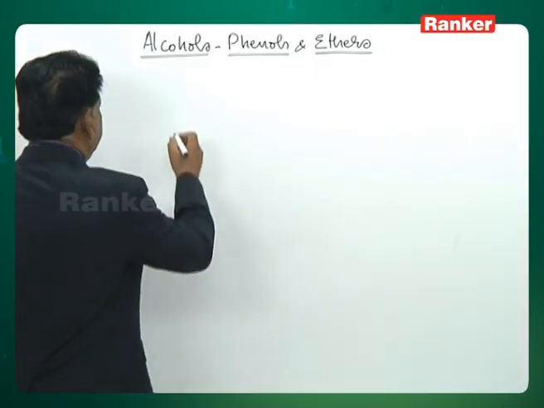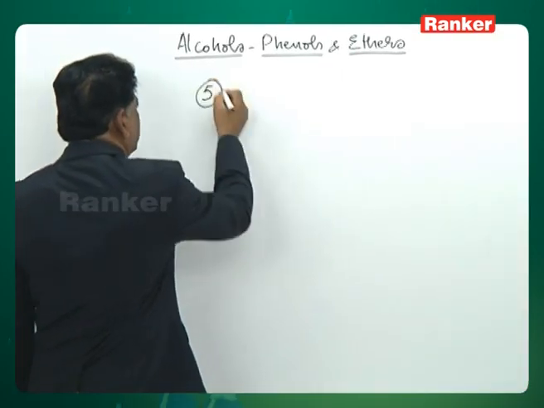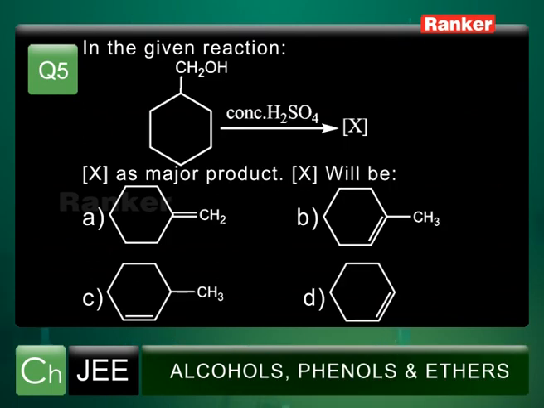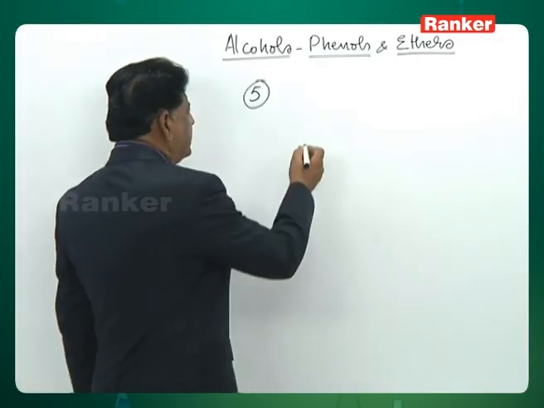So let's go for the fifth question. In this question, a cyclohexane containing a CH2OH is treated with concentrated sulfuric acid, probably heating must also be there, and then this undergoes a dehydration process. First protonation takes place.